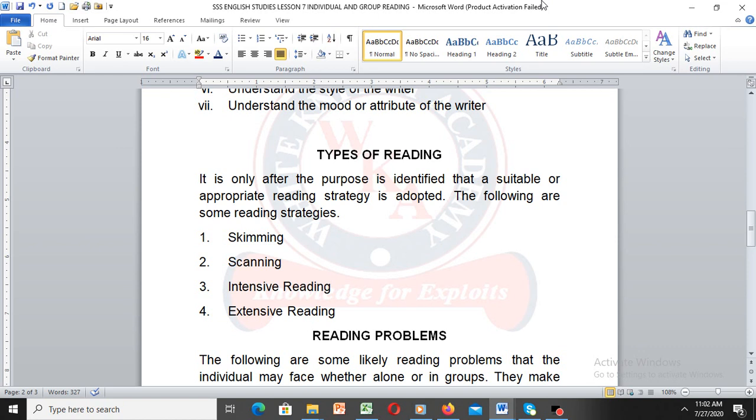Okay? Thank you. Next, we have intensive reading. I hope you are not confused. Okay. Number 3, intensive reading. Please write. This is a close examination of the text. Full stop. The comprehension is high, while the speed of the reading is slower.